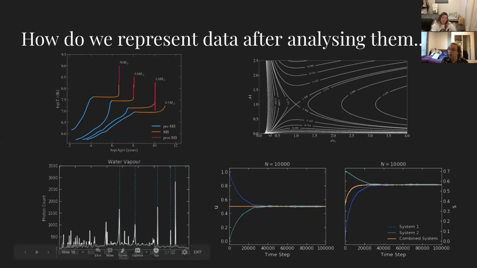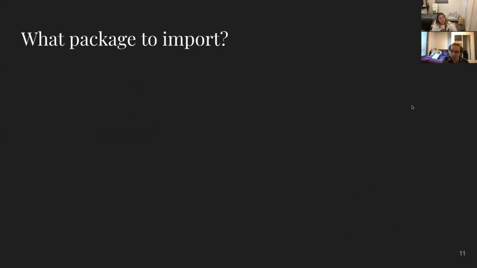Lots of different examples, but this is how we analyze it visually. You could put a ton of information into a picture. A picture contains 1,000 words at least, right? Or there's some metaphor like that. So a very, very powerful tool. So what package do you use to plot? How do you do that?